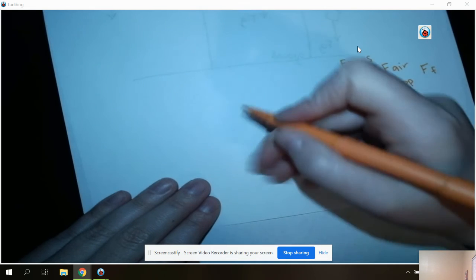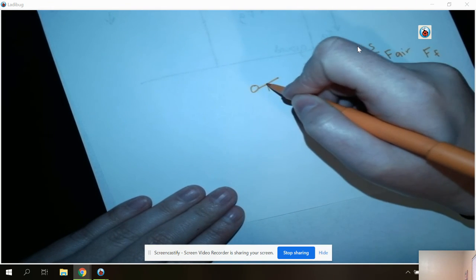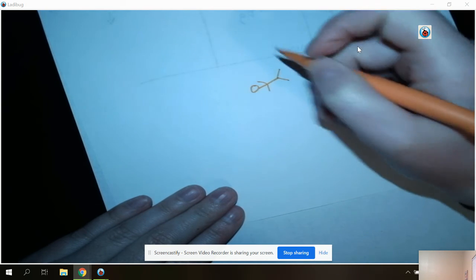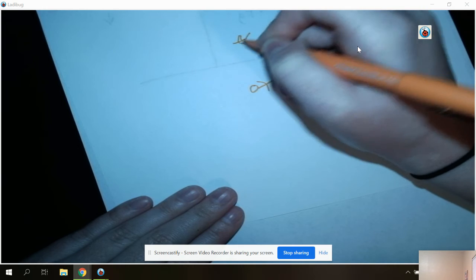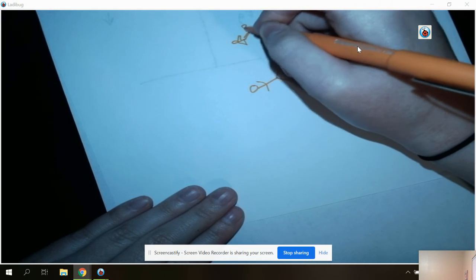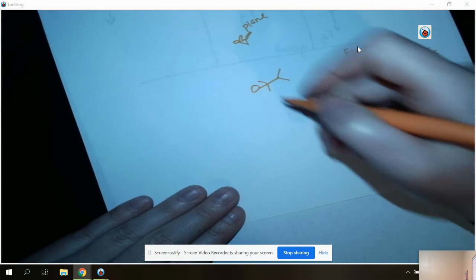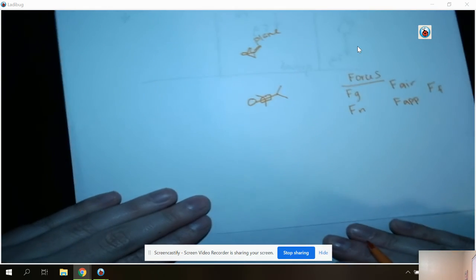Okay. All right, let's do a person who is in free fall. So here is my person. They have jumped out of a plane. Here's the plane. Okay, and here's my person. I'm going to give them a little backpack. So they're going skydiving.